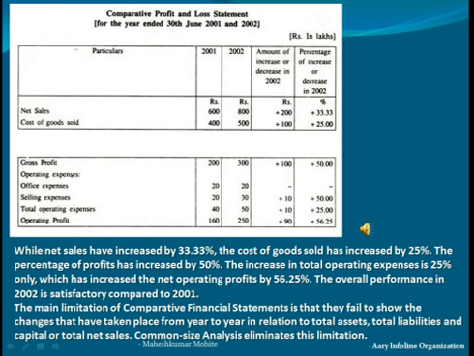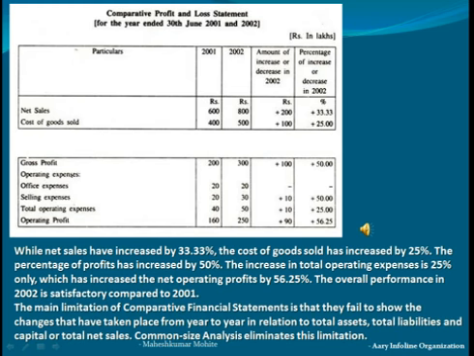The percentage of profits has increased by 50%. The increase in total operating expenses is 25% only, which has increased the net operating profits by 56.25%. The overall performance in 2002 is satisfactory compared to 2001.